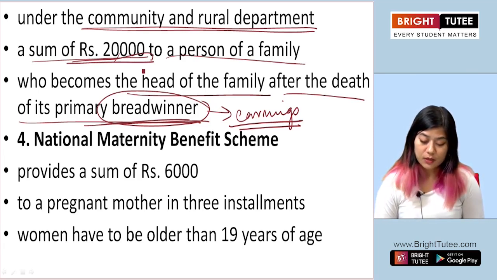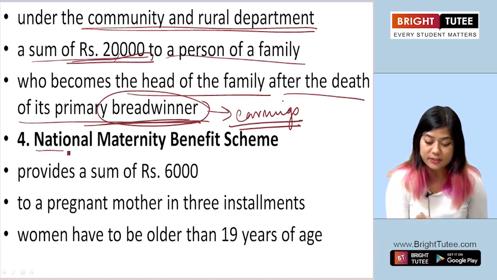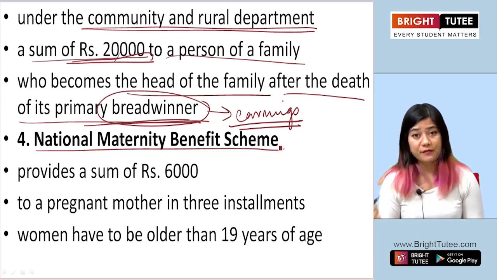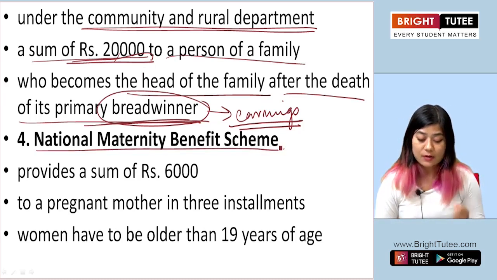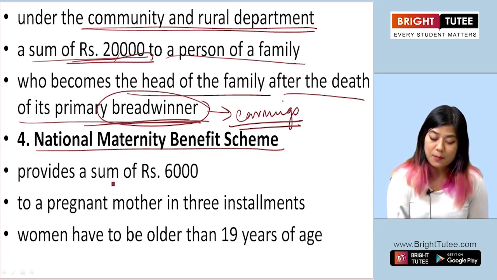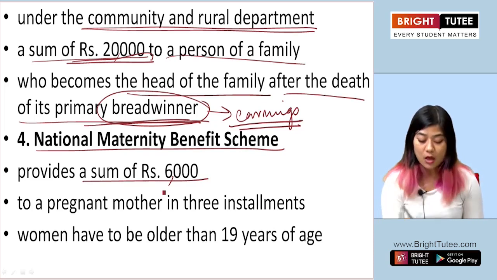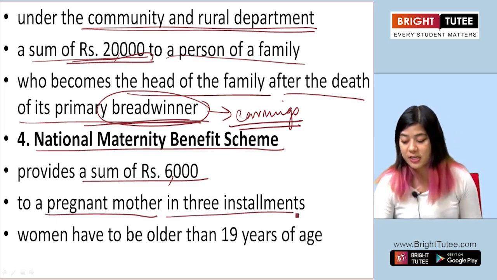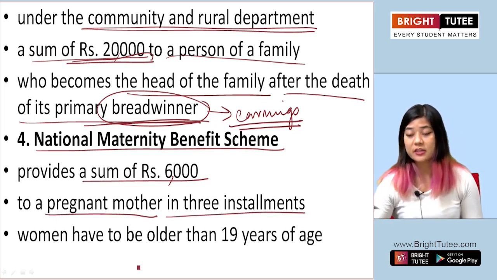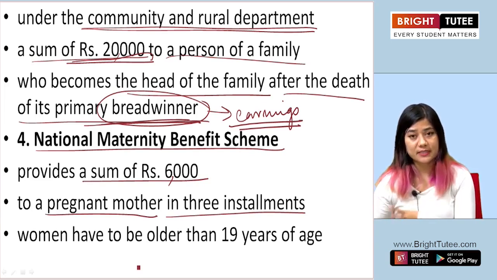The fourth program is called the National Maternity Benefit Scheme. Okay. Now, according to this scheme, a sum of rupees 6,000 is provided. Okay, to whom? A pregnant mother, in 3 installments, meaning at 3 separate times.